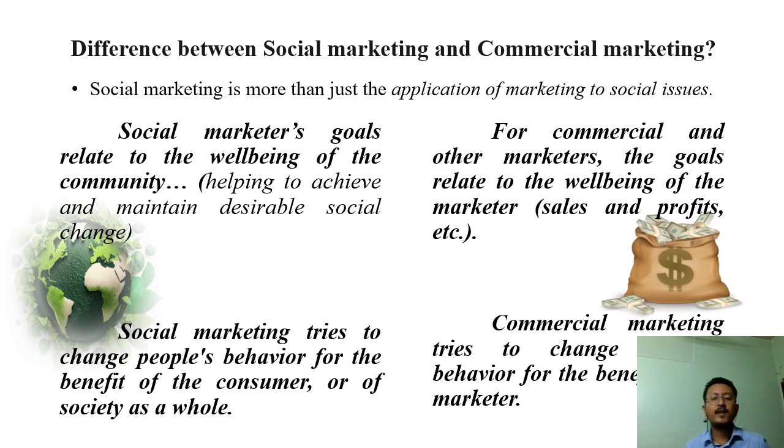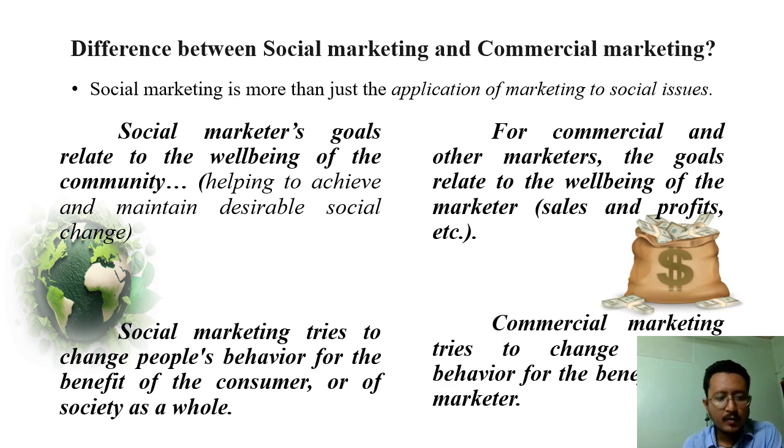This is something very similar that we can see today between social marketers and commercial marketers. In both cases, they try to influence and change the behavior of people, but one is for the benefit of the consumer, which is social marketing, whereas commercial marketers influence the behavior of people for the benefit of the marketers themselves. Right? So I hope the difference between social and commercial marketing is getting clear.